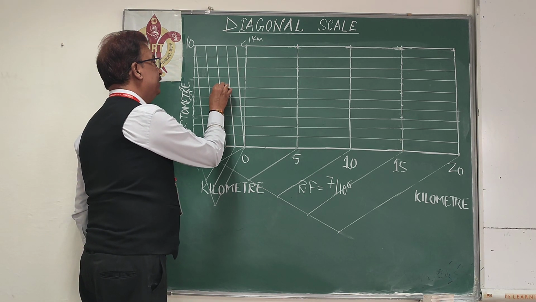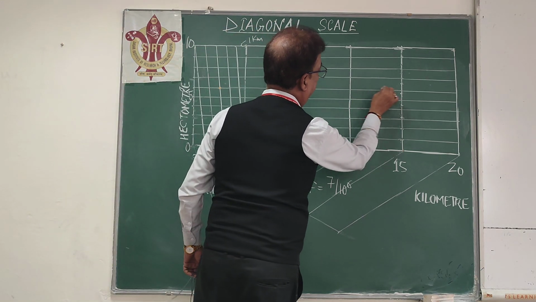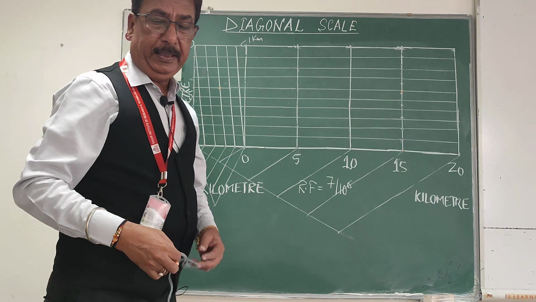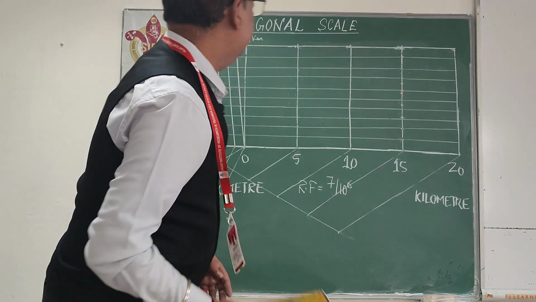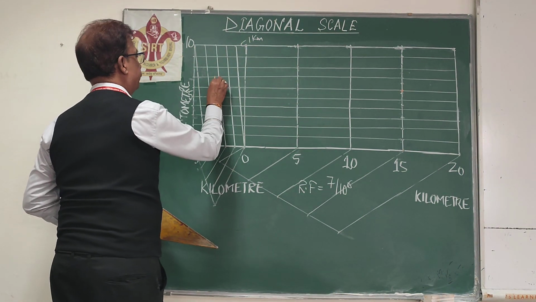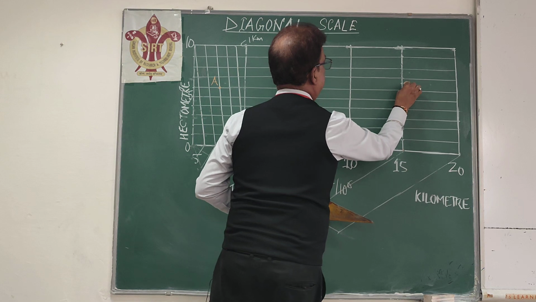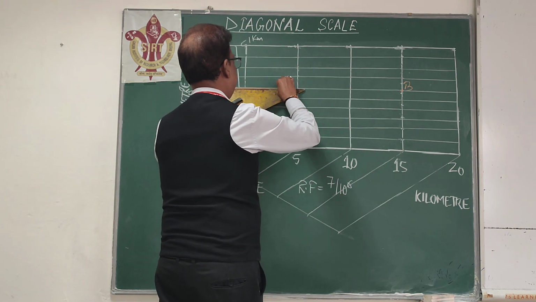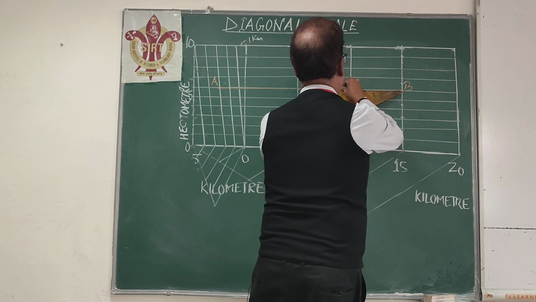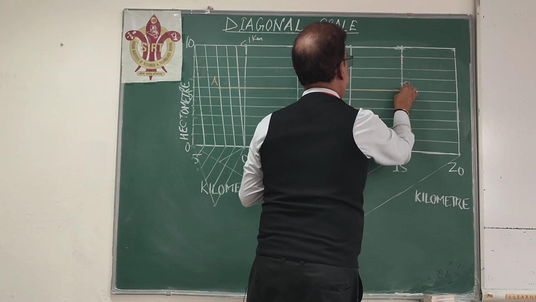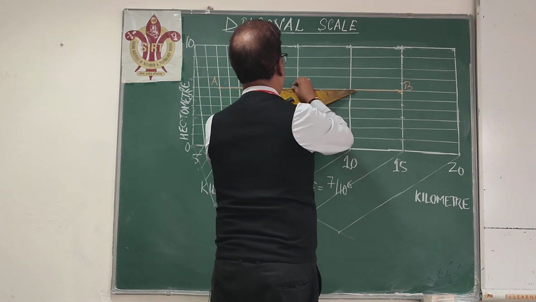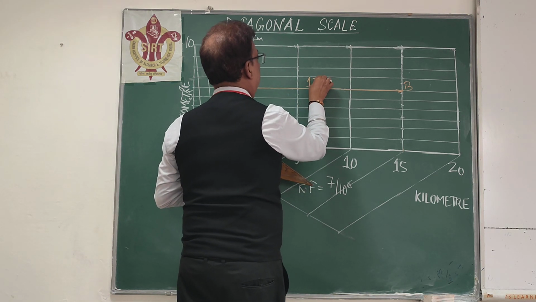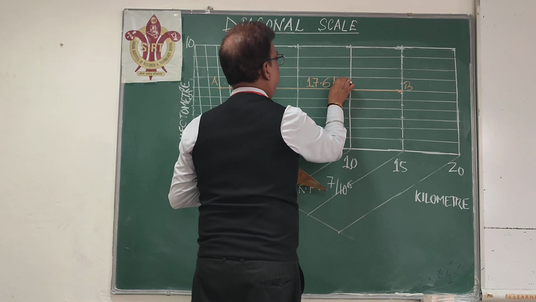So if I go on the 6th part and come parallel on this 15th line, 15 kilometer line, the distance between these 2 points, if I name these 2 points A, B, then the distance between points A, B will be 17.6 kilometer.